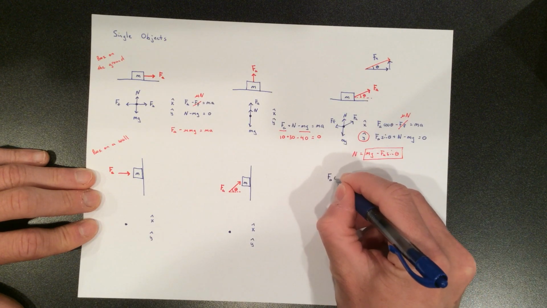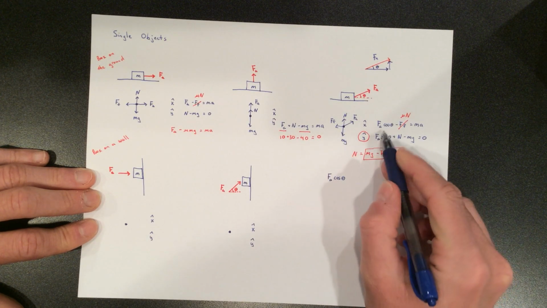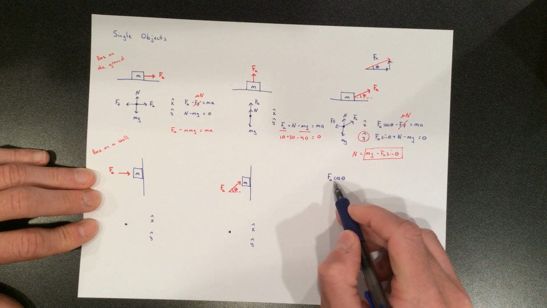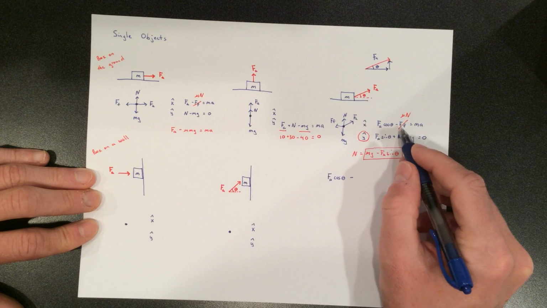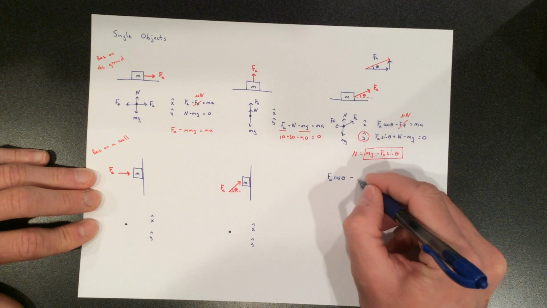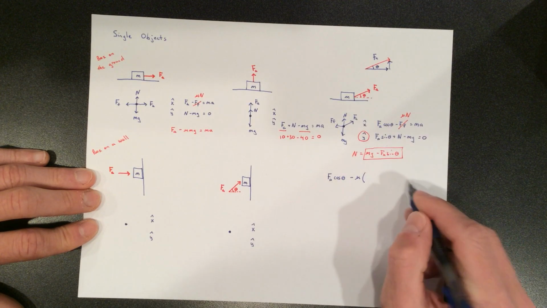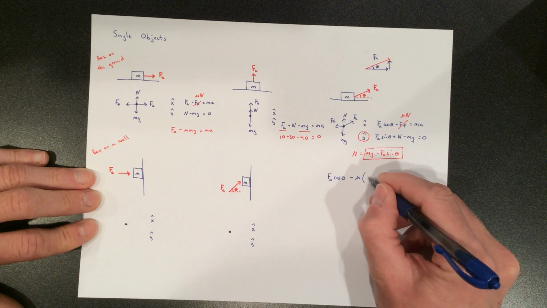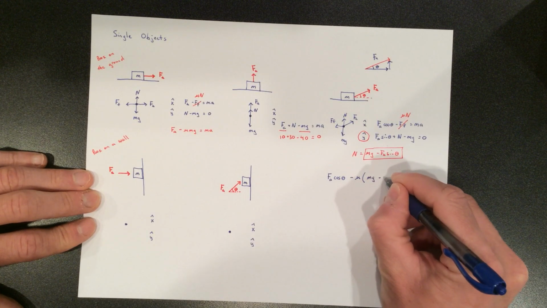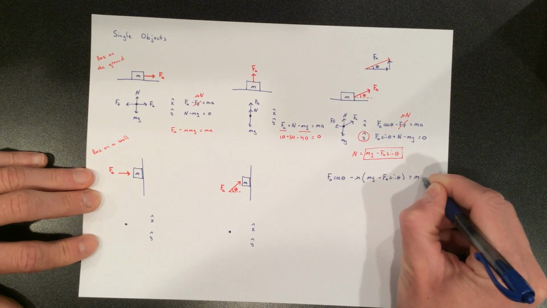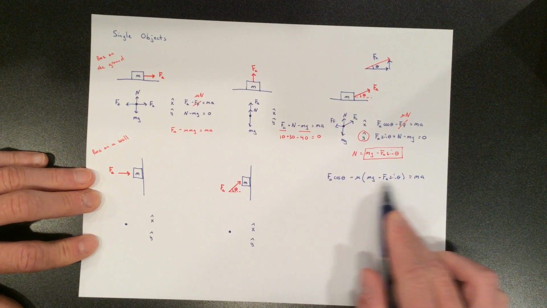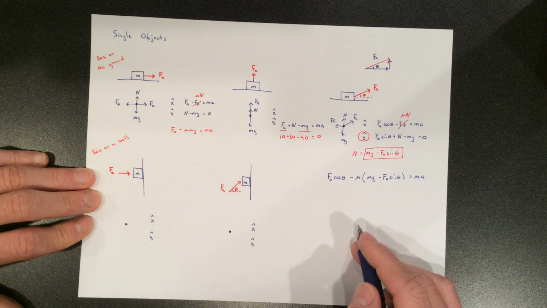We're going to say Fa cosine theta, that's the horizontal force due to the applied force, minus friction. Friction is mu times the normal force. The bottom equation tells us that the normal force is mg minus Fa sine theta, and that's going to equal ma. Now go ahead and plug in all your numbers to find the acceleration.